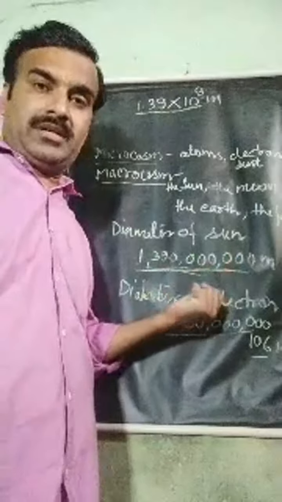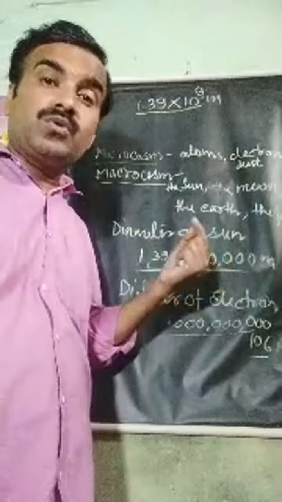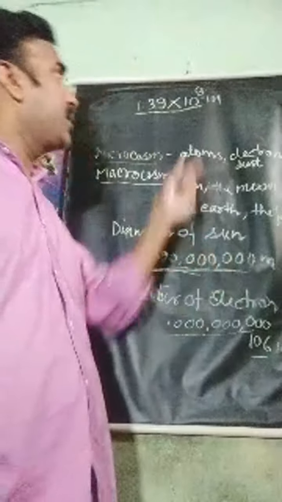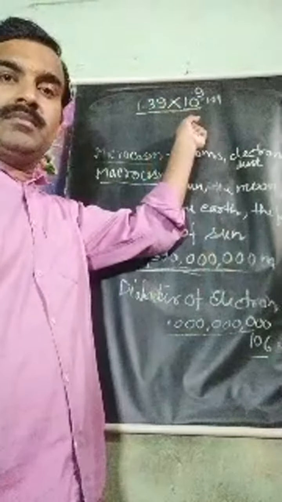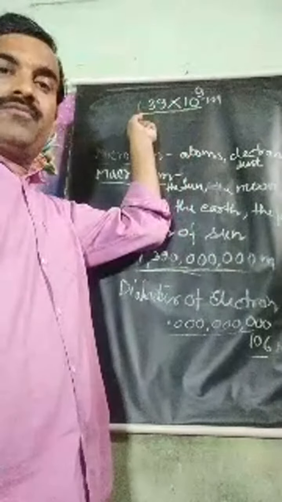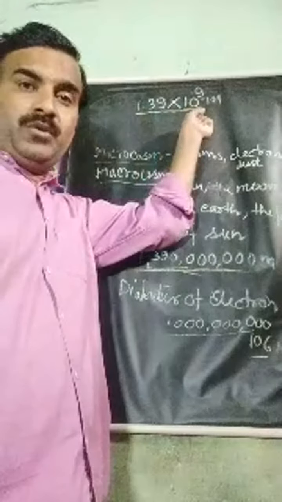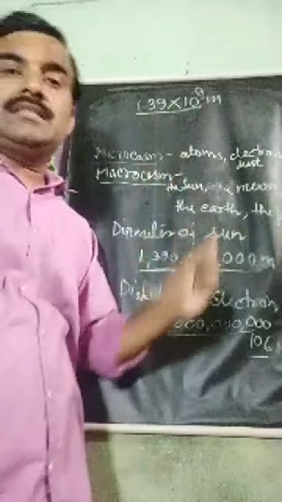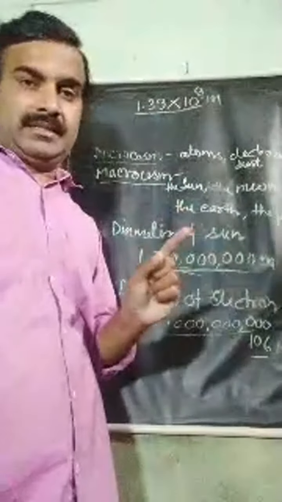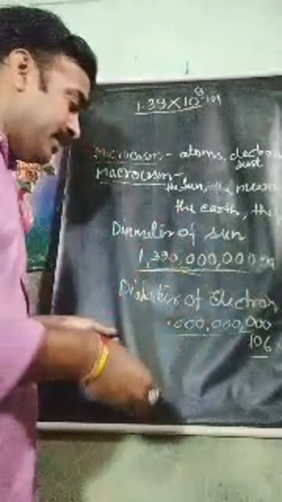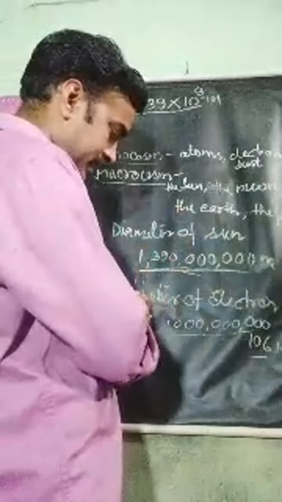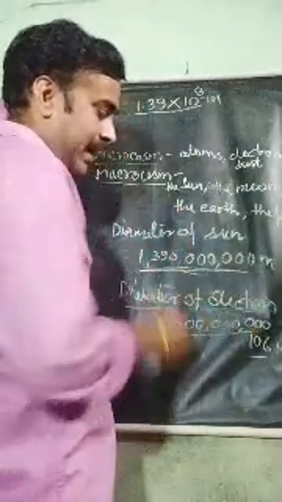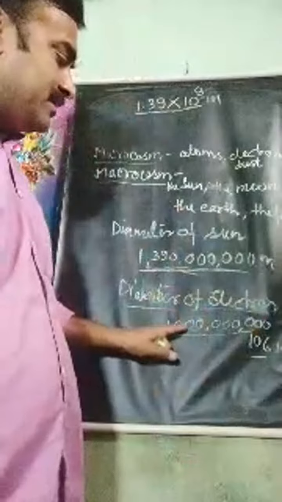So to solve this problem, we write in this form, the numeric form as well as the exponential form. By using this concept, we can easily solve any numerical. Now similarly, if we are writing the diameter of the electron, how much is given?